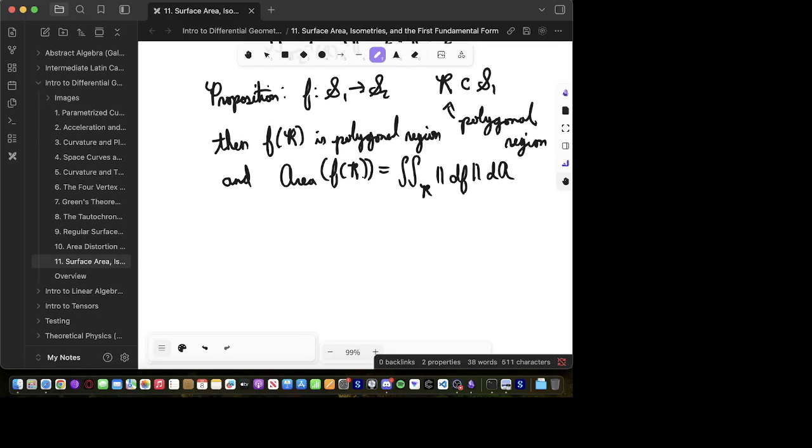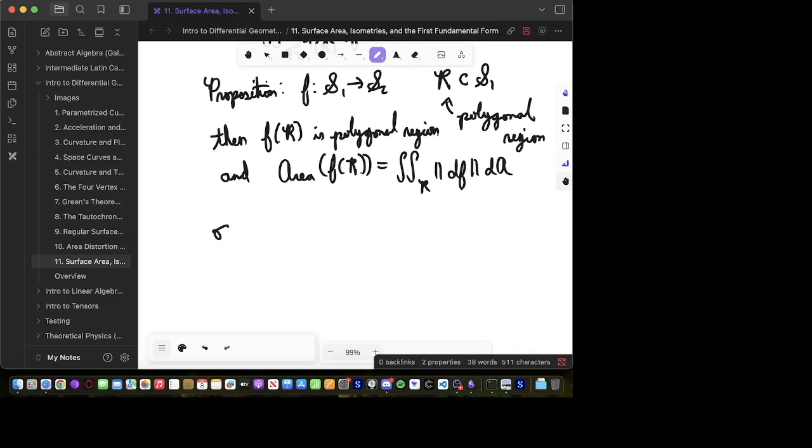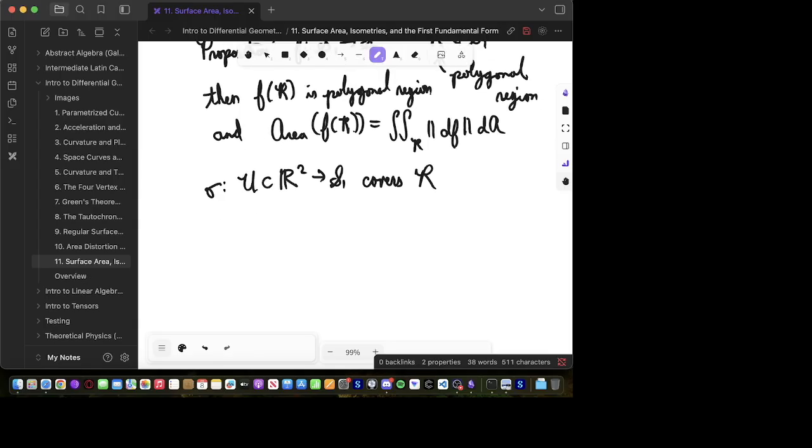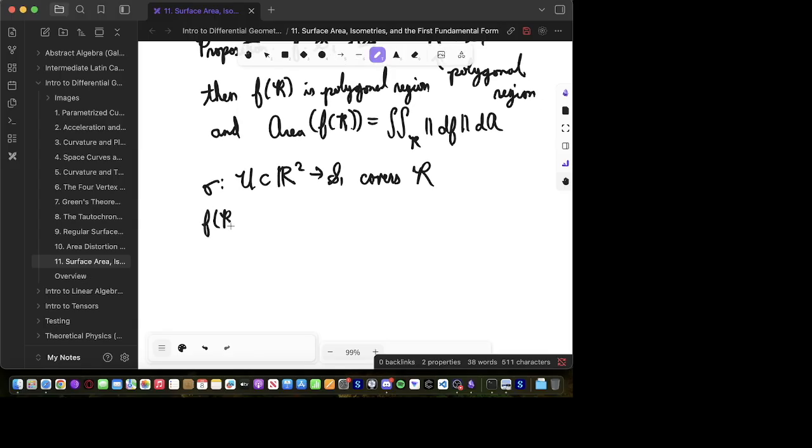So suppose we have a surface patch sigma that covers R. Then f of R is covered by the surface patch f composed with sigma, which takes us from U to S2.